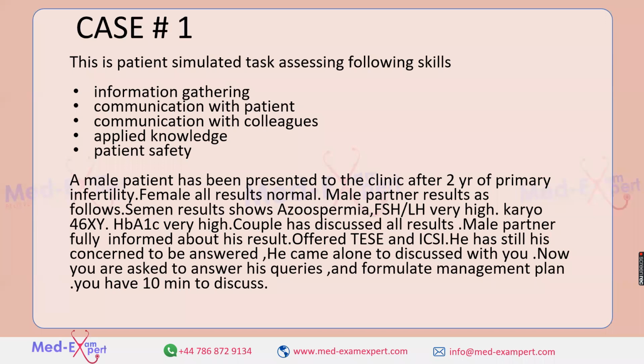I'm so upset about this. Have you tested your semen once or twice? Yes, it was tested once. Okay, would you mind if I ask you a few questions about your underlying medical conditions? Do you have any underlying medical conditions like hypertension, diabetes, or cancer? No.